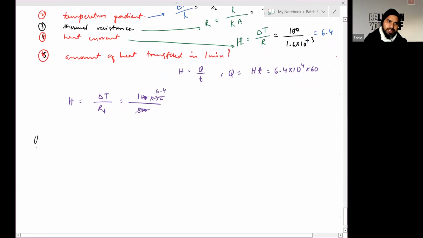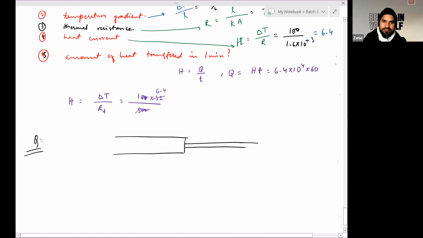So related to that part, you'll be asked, suppose you have a rod whose one end is at 100 degrees Celsius and the other end is at 10 degrees Celsius.